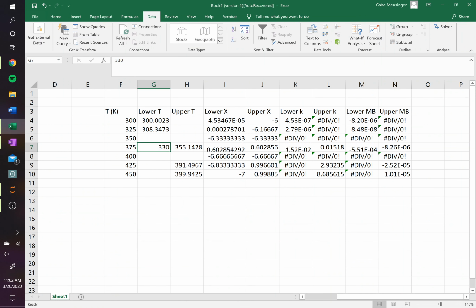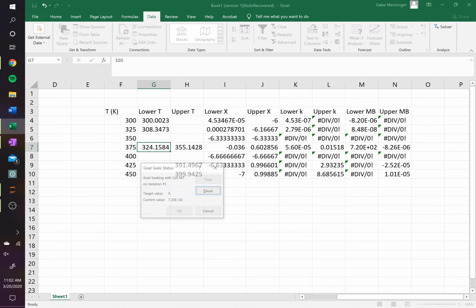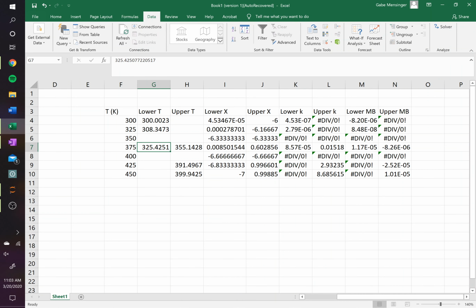Oh, still didn't want to work. Let's go lower. There you go. So it's going to depend on the guess whether or not it's actually going to exist there.